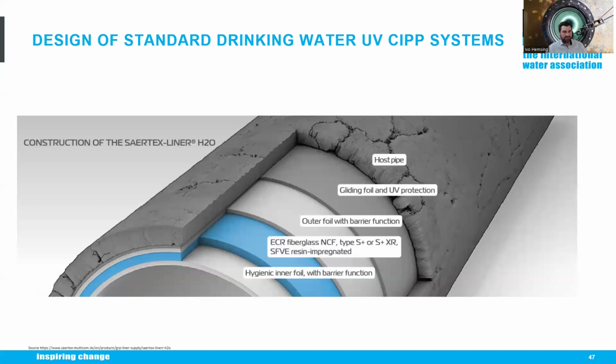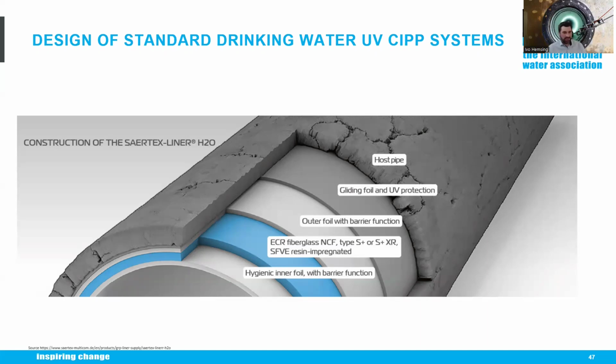Outside there is the damaged host pipe, and once the liner has been pulled into the existing pipe and cured with UV technology, there's a thick PVC foil to protect the liner from UV light, like the sun, and mechanical stresses. And then an additional foil is used to prevent any resin from escaping.